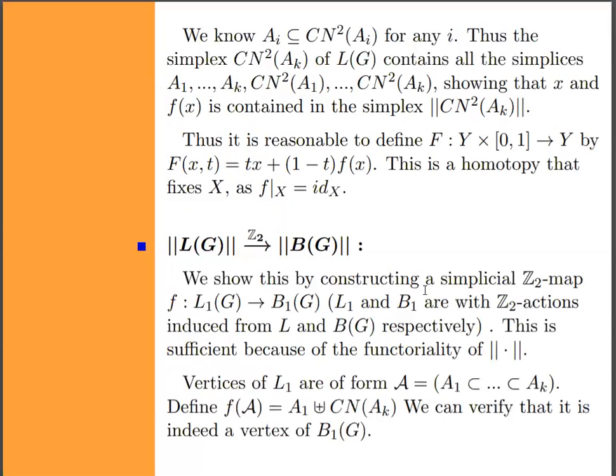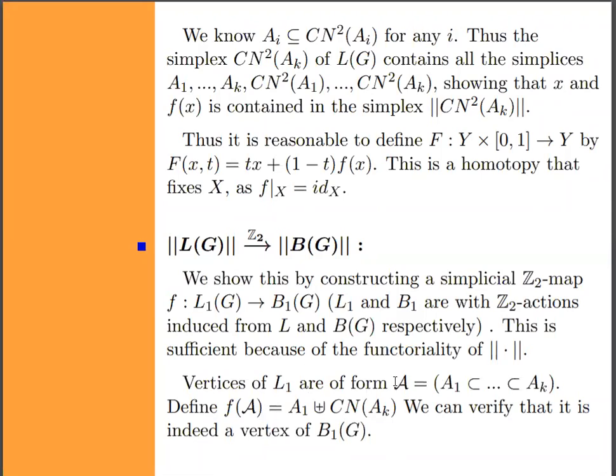So this is true because, again, we take L1 and B1 here, the subdivisions, and we define the map f of A to be equal to A1 disjoint union sin of AK, where A here is a vertex.